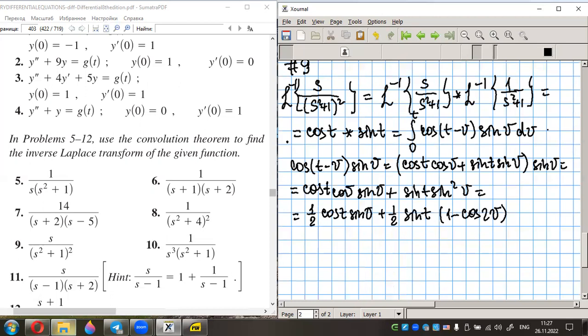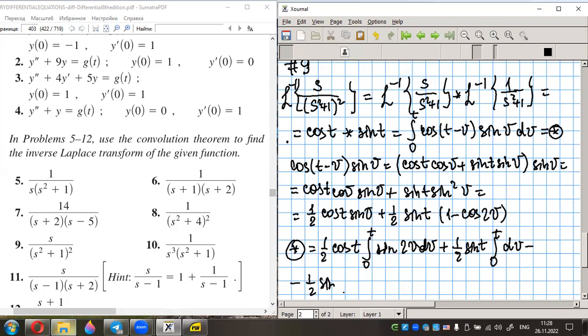So our integral equals 1 over 2 cosine t, integral from 0 to t of sine 2v dv, plus 1 over 2 sine t, integral from 0 to t of dv, minus 1 over 2 sine t, integral of cosine 2v dv.